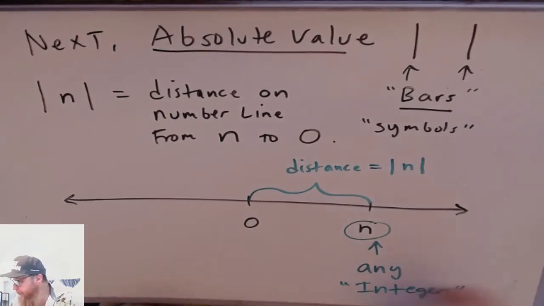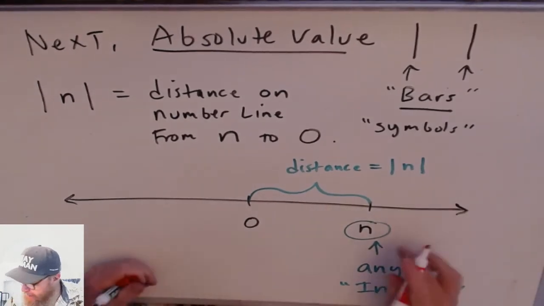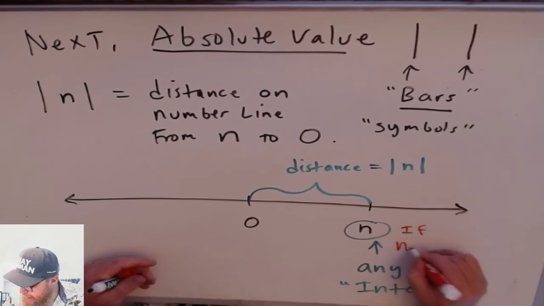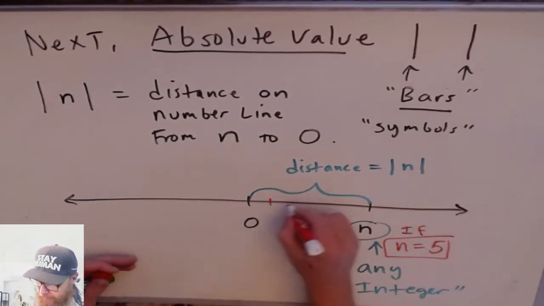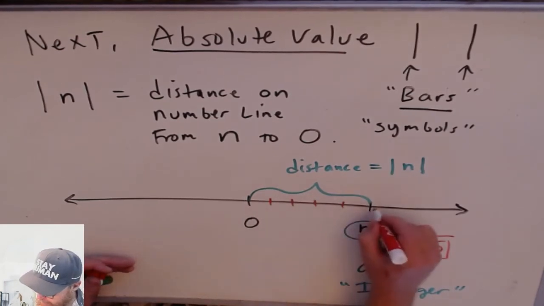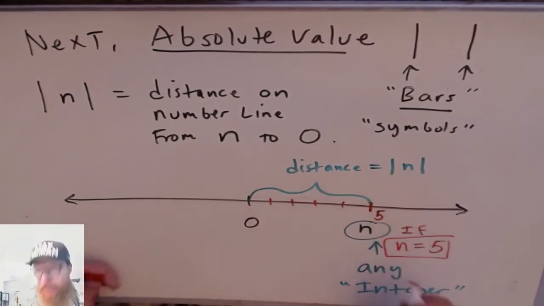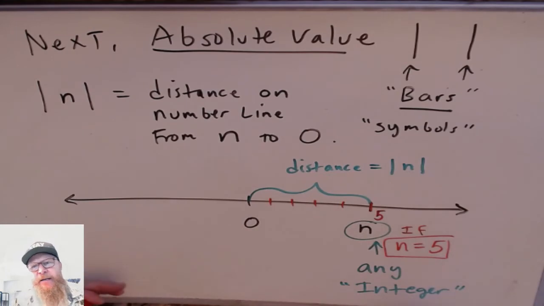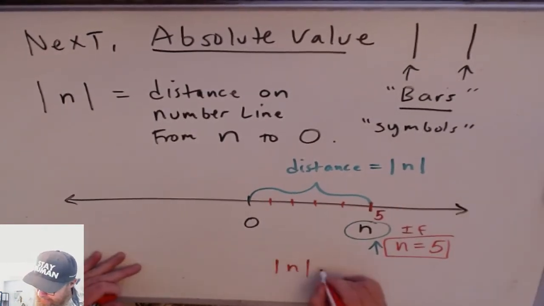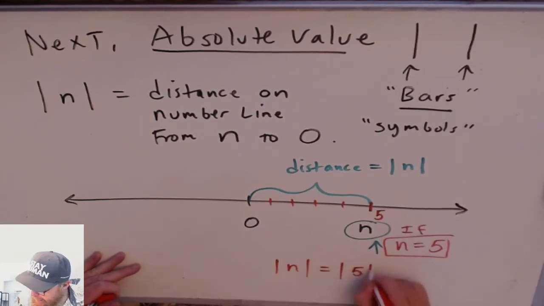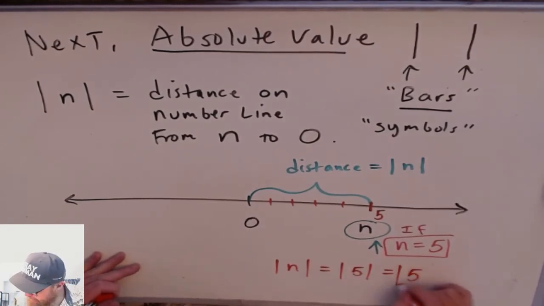So for example, if n is 5, so 1, 2, 3, 4, 5, then the absolute value of n is the absolute value of 5, which is just 5.